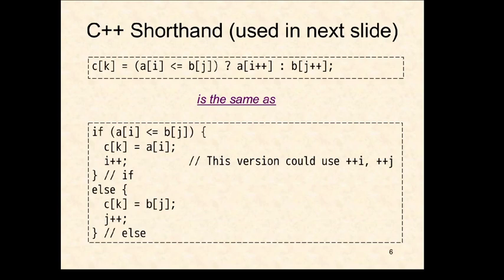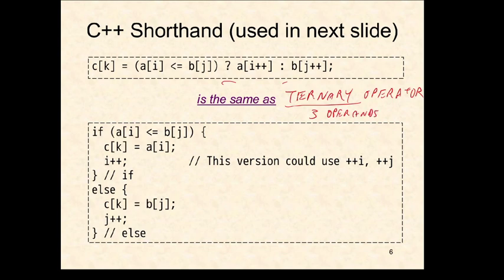Before we look at merging, we need to understand notation in C++. So we're going to use the ternary operator, the question mark colon operator. The ternary operator is something that's really useful in C++. Let me spell that out. It's called the ternary operator because it has 3 operands.